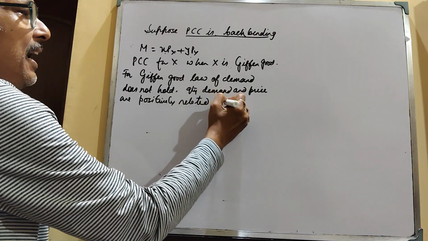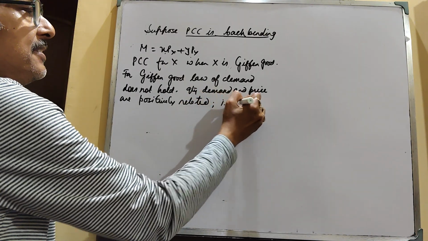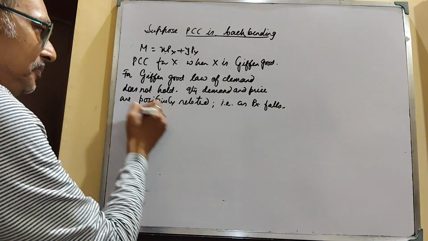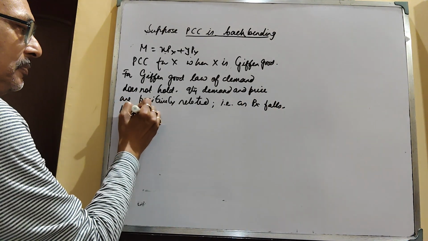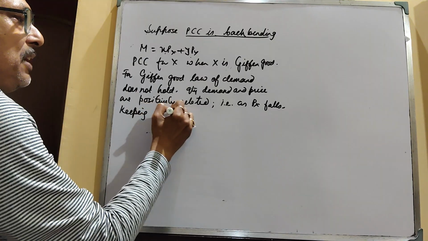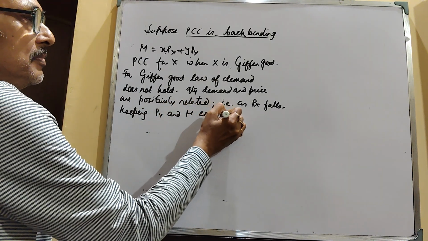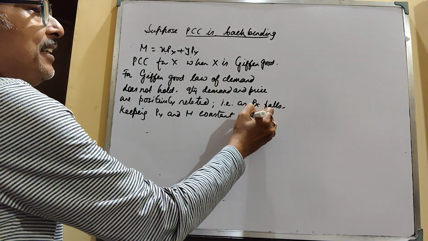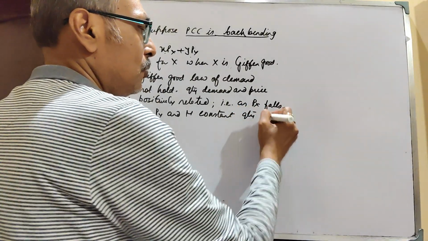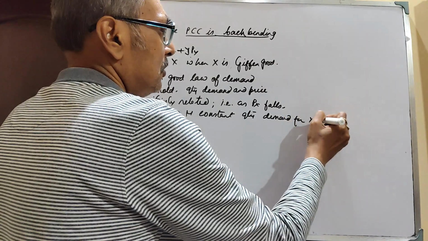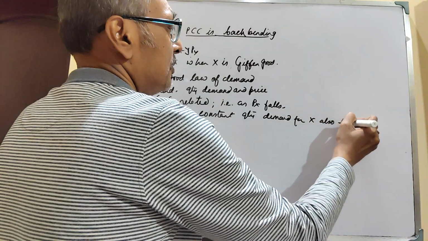That is, as Px falls, keeping Py and M constant, quantity demanded for X also falls.